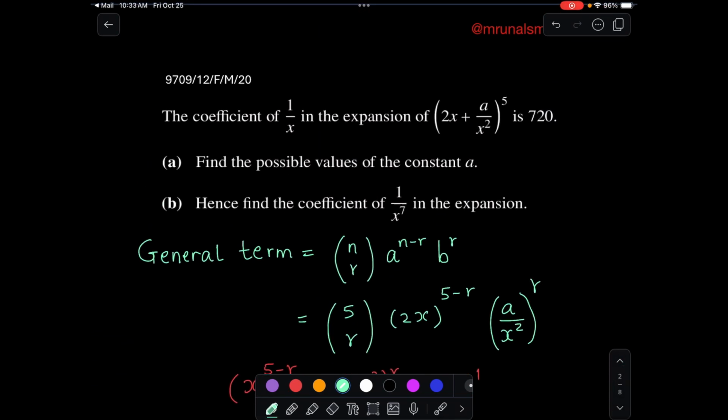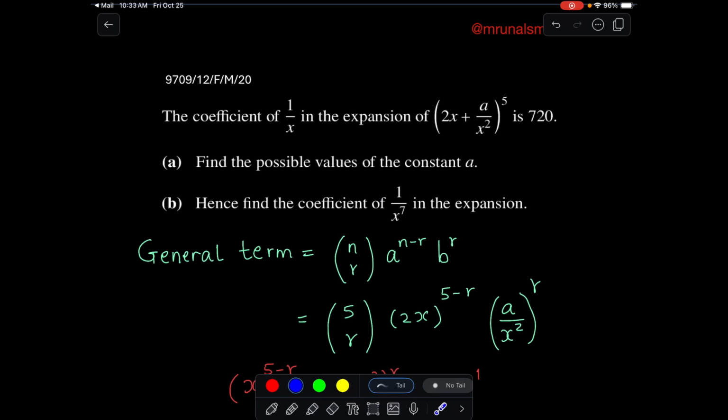Find the possible values of constant a. Now look at the next part. The next part is asking you, hence, find the coefficient of 1 over x to the power of 7. That means you got to replace the value of a over here as positive 3 and negative 3, and hence calculate the coefficient of 1 over x to the power of 7.